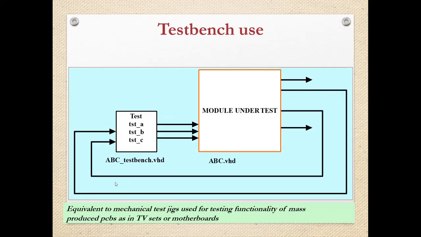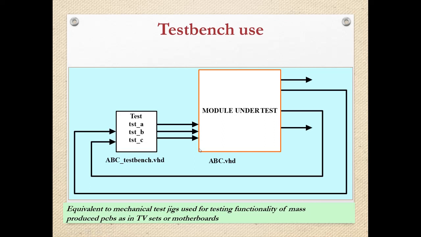How to use this test bench for testing the circuit is shown in this diagram. It is equivalent to the mechanical test jig used for testing the functionality of mass produced PCBs, for example in TV sets or in motherboards. At the center, we have the module under test, which is nothing but a piece of VHDL code. For example, here abc.vhd is one VHD file which is describing one of the system hardware.